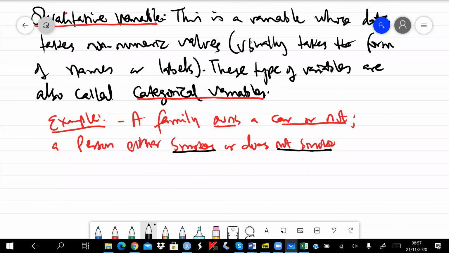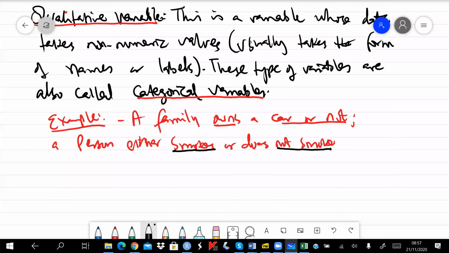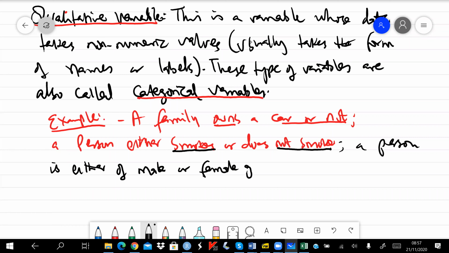A person either smokes or does not smoke. Then we can say that a person is either of male or female gender.